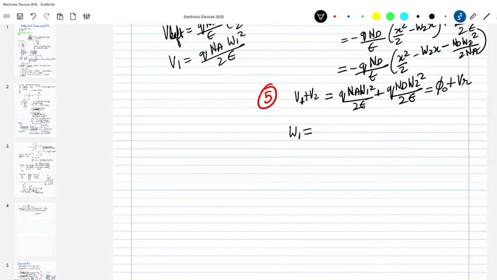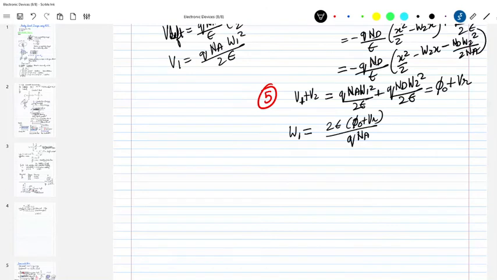Twice of epsilon times phi 0 plus V_R divided by q N_A, into, okay, so this is going to be square root of, raised to half. So N_A will be common here.